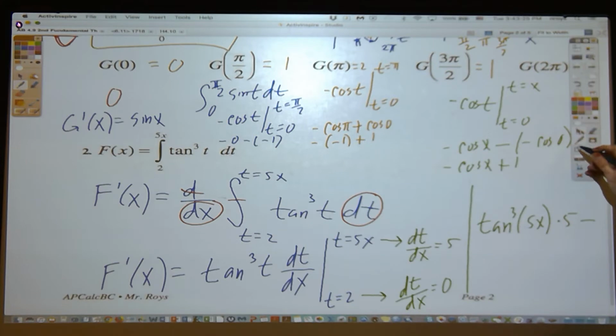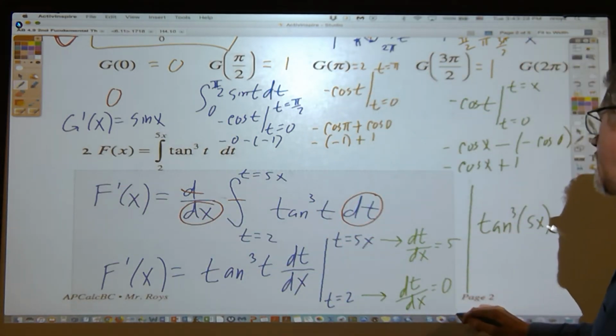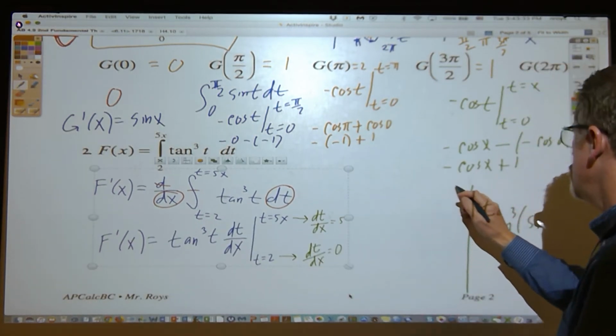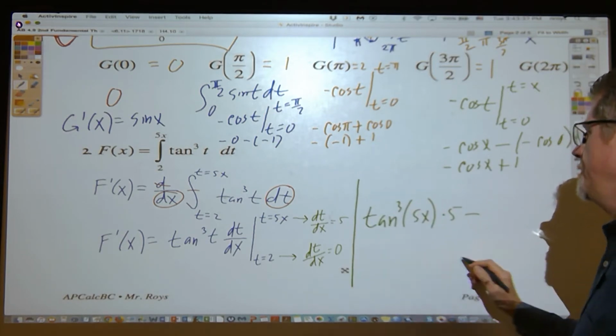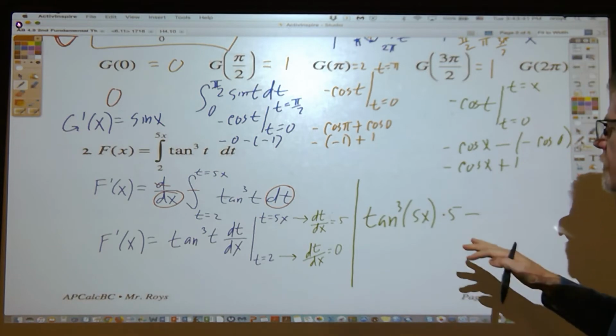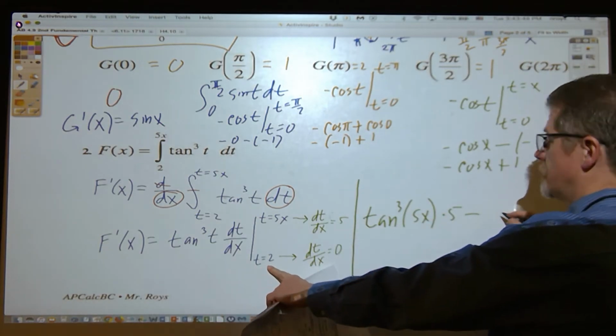This has gotten a little bit big, so I'm going to shrink this down just a tad so we have enough room for all of this. Okay, so it's tangent cubed of 5x times 5 minus, now do the same thing with t equals 2.